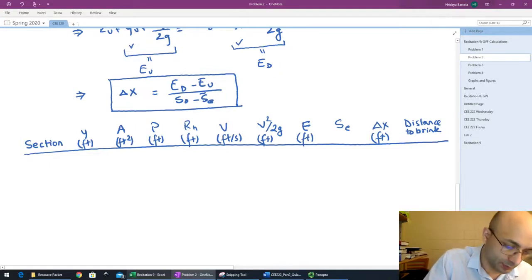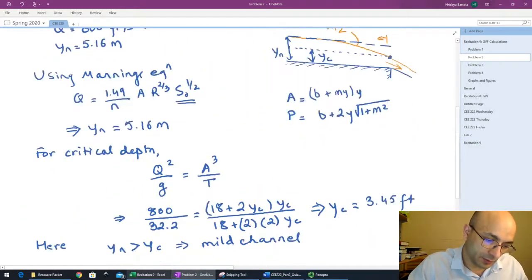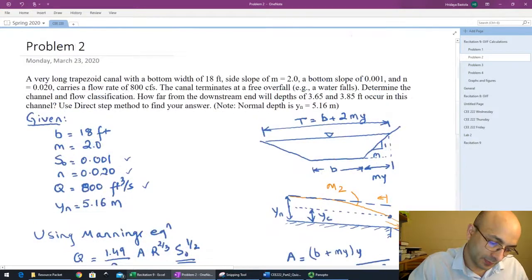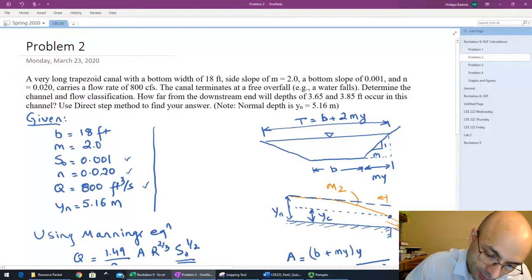So if we start with, let me just go back here and add what the problem is asking us to find. So from the brink, we would like to find out the distance to 3.65. So let's say that's 3.65.